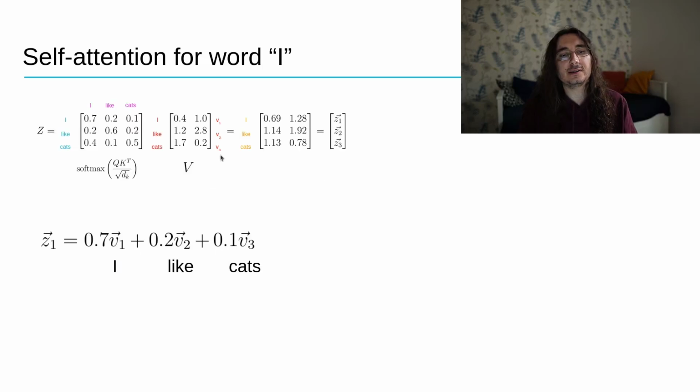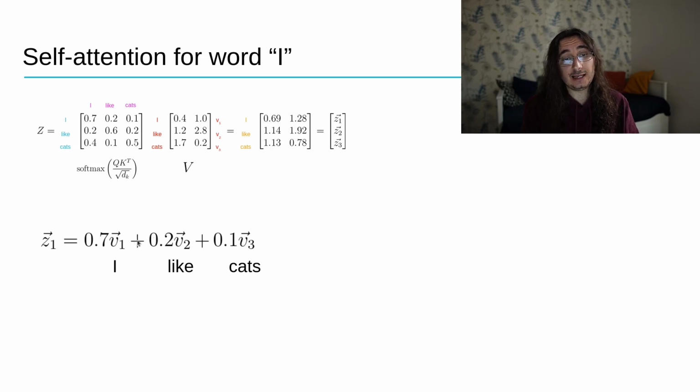I've shrunk this equation up here, but we still have it as a reference, but I want to draw your attention down here to this new equation. The attention for I, so Z1, is equal to 0.7 times the value vector for I. So 0.7 comes from here, and V1 is this row vector here.